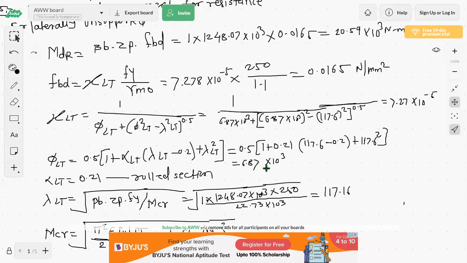Is this correct? 6.87 into 10 raised to 3.